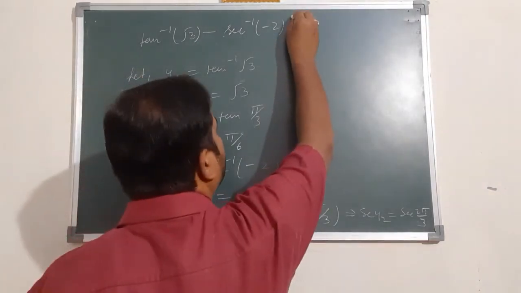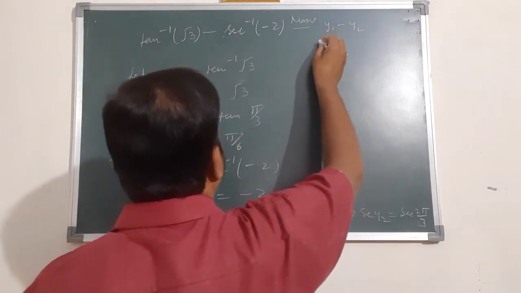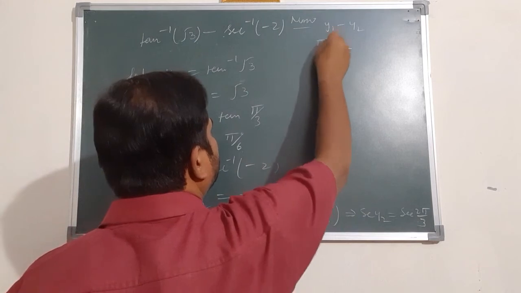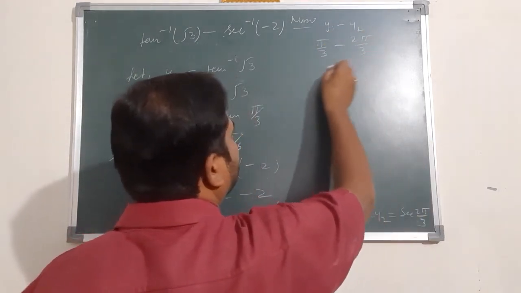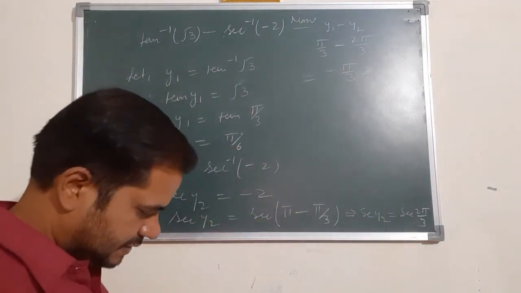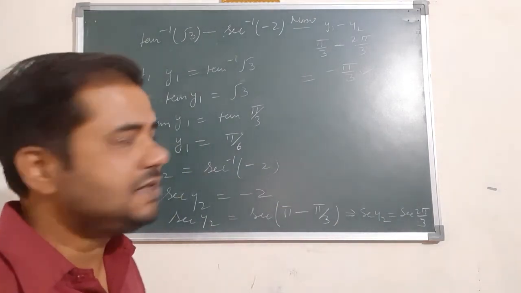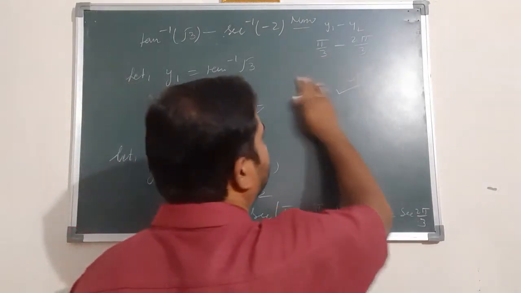Now the required value is nothing but y1 minus y2. So y1 is pi by 3 minus 2 pi by 3. So this is nothing but minus pi by 3. So which one is the option? Yes, option B is correct, minus pi by 3.